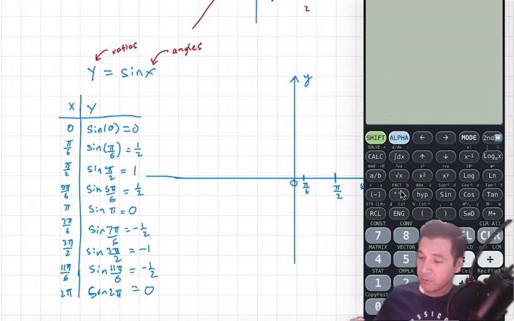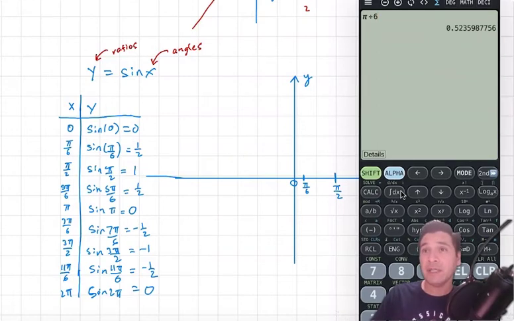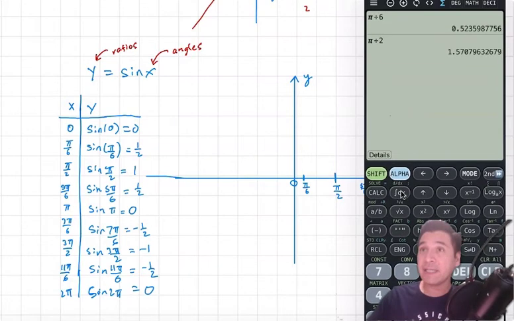So if I look at pi over 6, so if I do pi, maybe it's not going to show it because it might be off the screen, but maybe I can bring it down just enough here. So if I divide that by 6, that is equal to, there you go, you can see it there, 0.5235 as a decimal number. And then if I did pi over 2 here, we see that the decimal number is increasing.